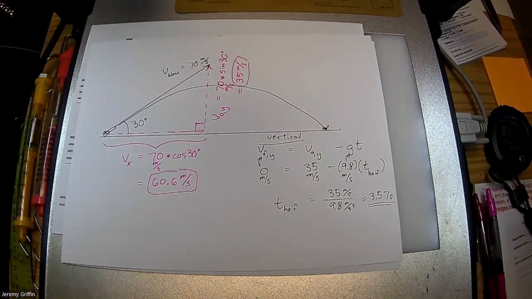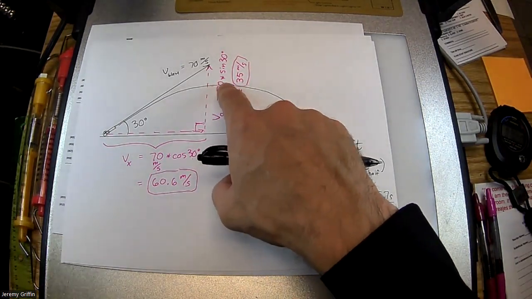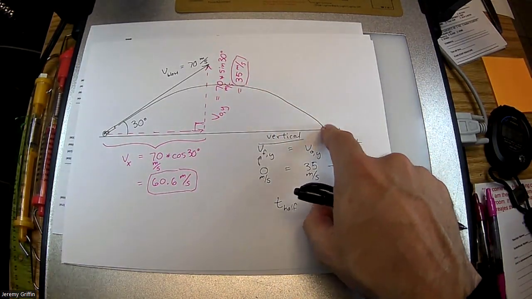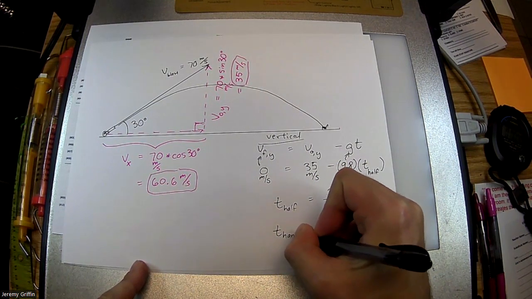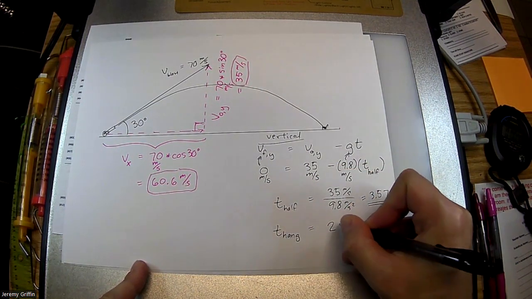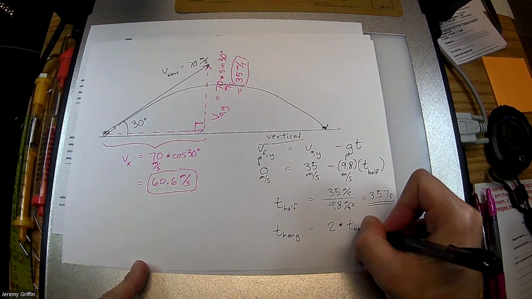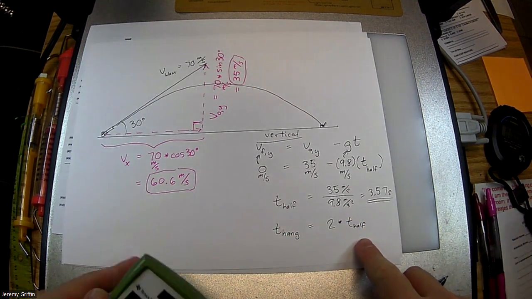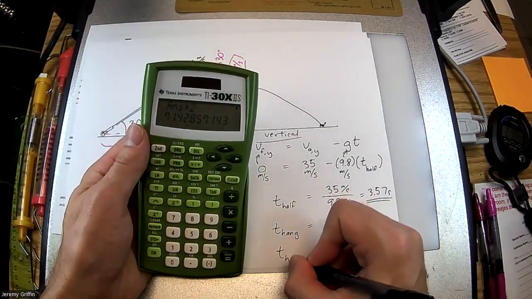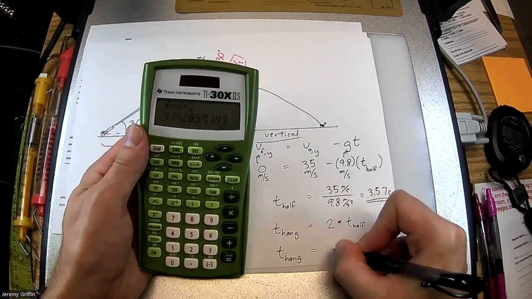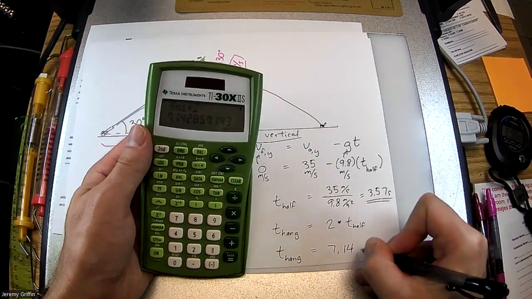If that's true, would it take about another 3.5 seconds to fall back down? So what's the total hang time? This would be 2 times that midway time, so the total hang time is 7.14 seconds.